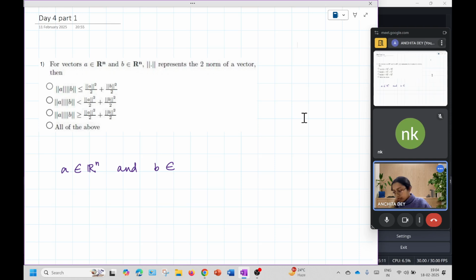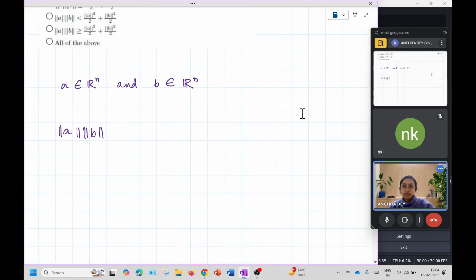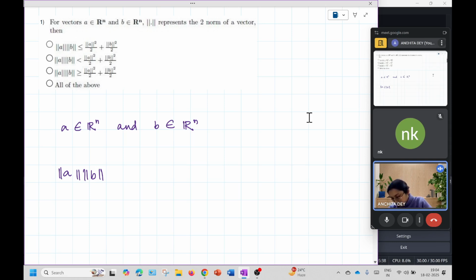And if we look at the options, it's a common idea that we have AB on one side and A square by 2 plus B square by 2 on the other side, right?